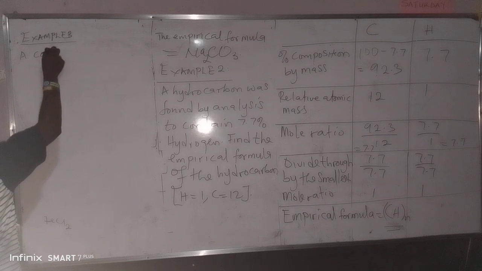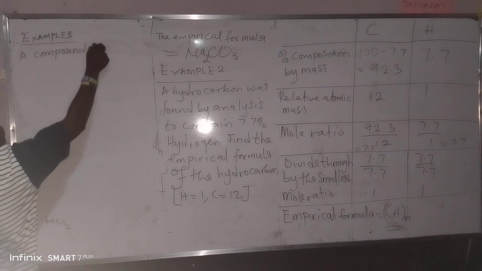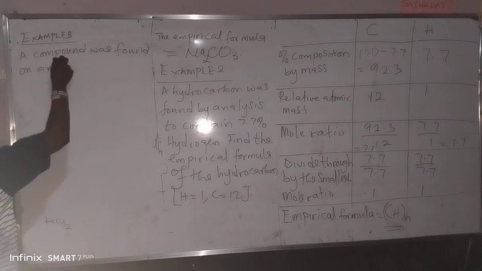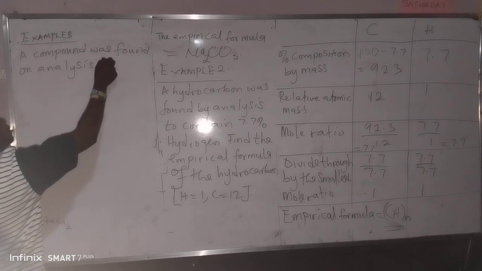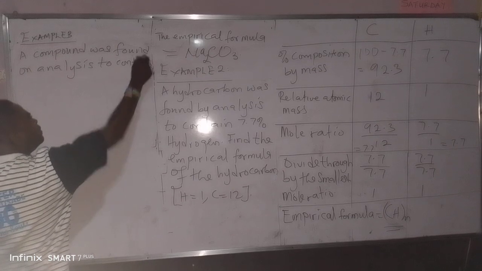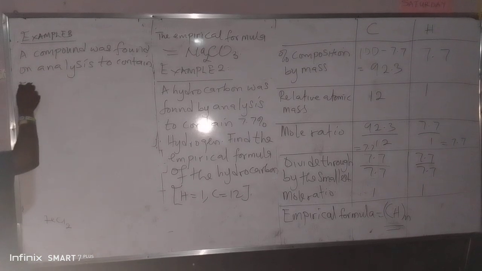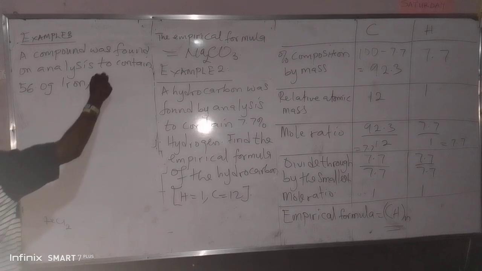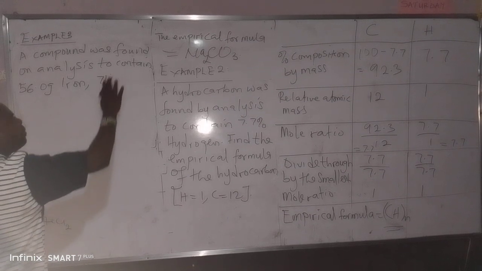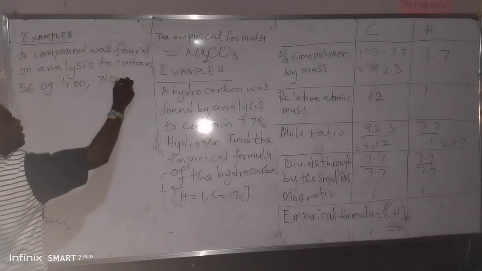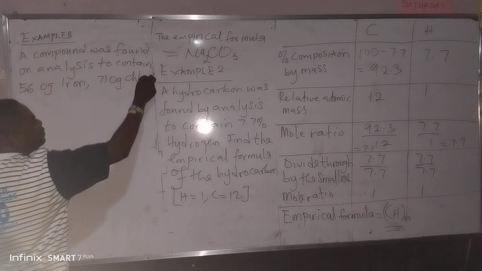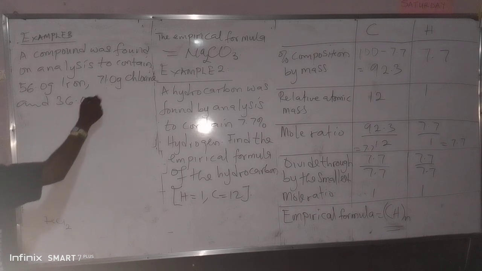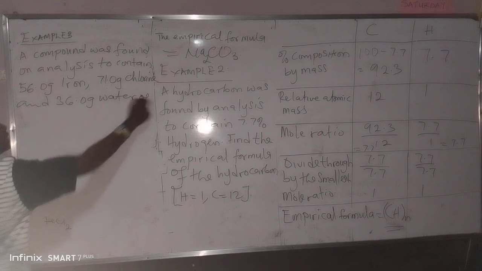A compound was found on analysis to contain 56.0 gram iron, 71.0 gram chlorine, and 36.0 gram water of crystallization.